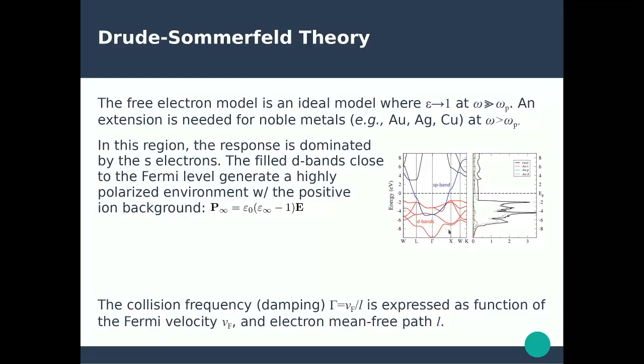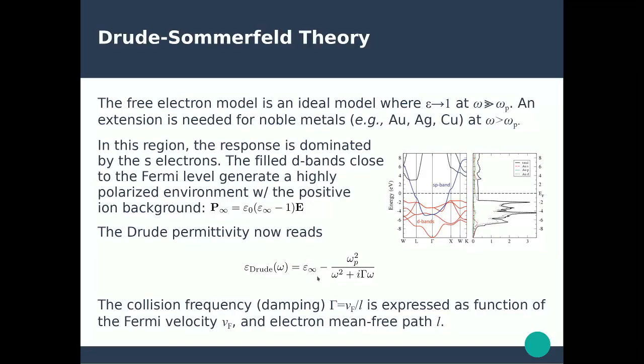So we have to account for this polarized environment of those valence electrons and the protons, and this is done via the introduction of a macroscopic background polarization. We can rewrite this macroscopic polarization this way with this additional dielectric permittivity that describes how those valence electrons will react to electric fields, and that allows us to rewrite the Drude dielectric permittivity very similarly, but instead of having 1 here, now we have this epsilon infinity, which depends on the metal you're considering.